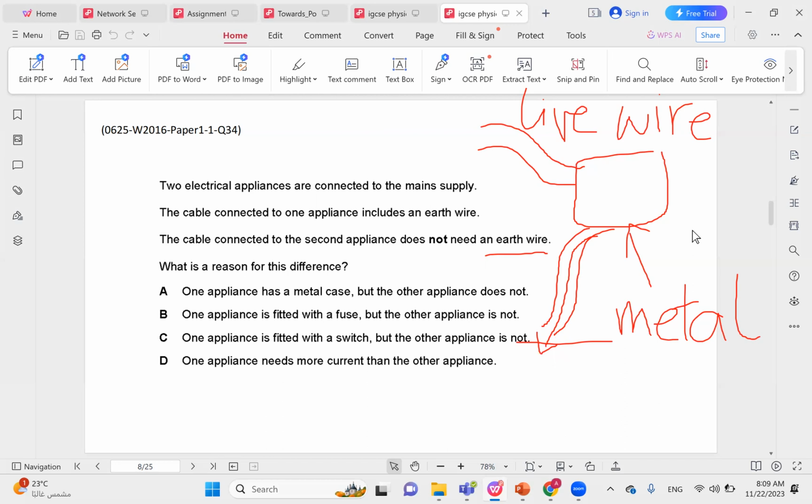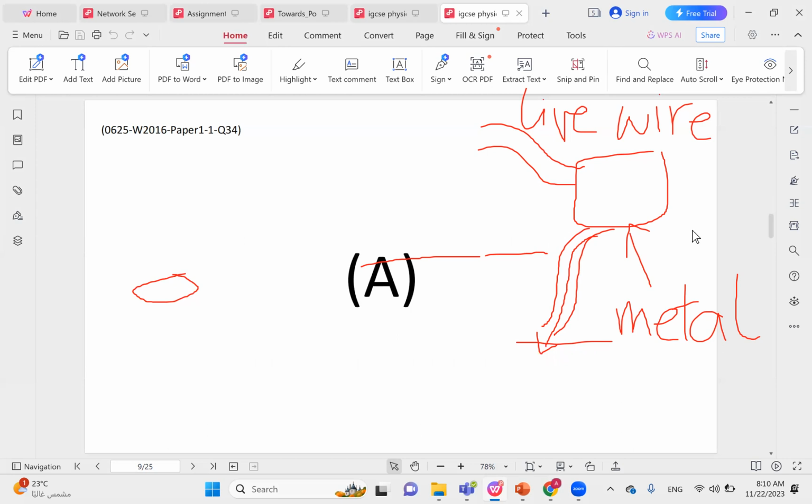So the simple reason is the second appliance does not need an earth wire because it does not have a metal case. The earth wire protects us from devices that have a metal case. So the correct choice here would be choice A.